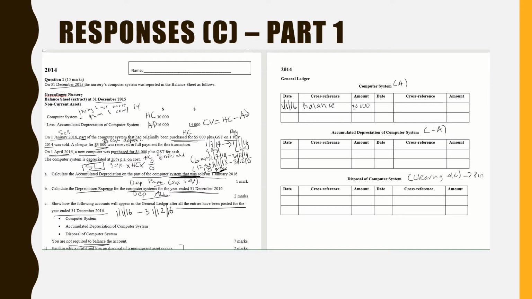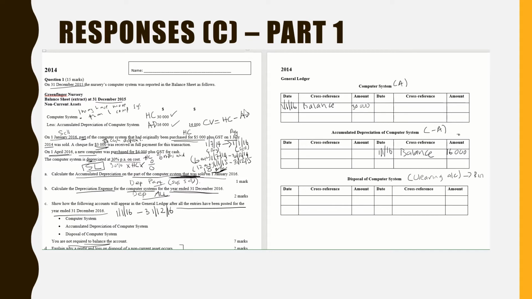Well, if that's the closing balance on the 31st of December 2015, the next day, Happy New Year, 1st of January 2016, that's our opening balance, okay? $30,000. We do the same thing for the accumulated depreciation. It says that we had a balance of $16,000 at the start. Because it is a negative asset account, our opening balance will be on the credit side. And that's an accumulated depreciation of $16,000.